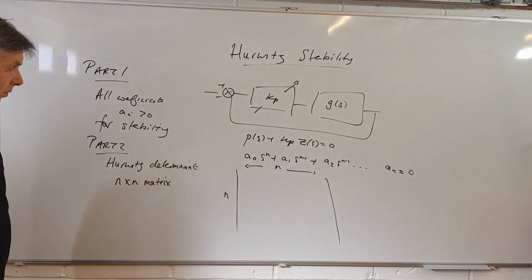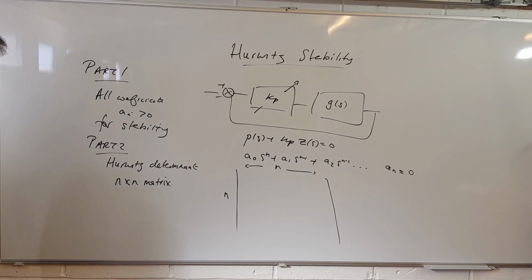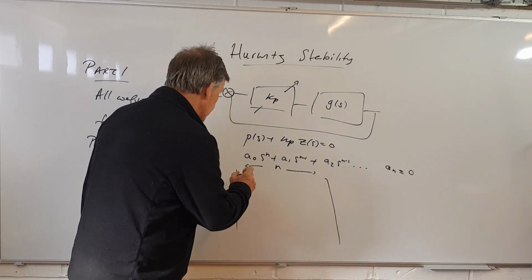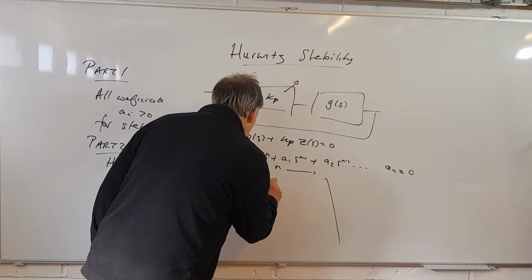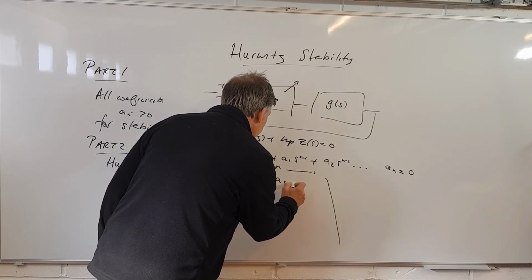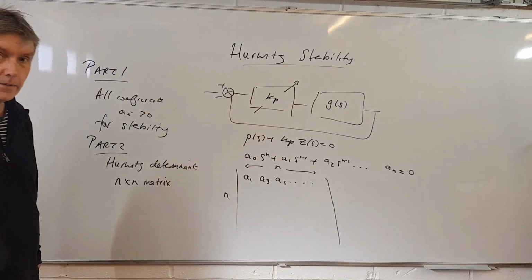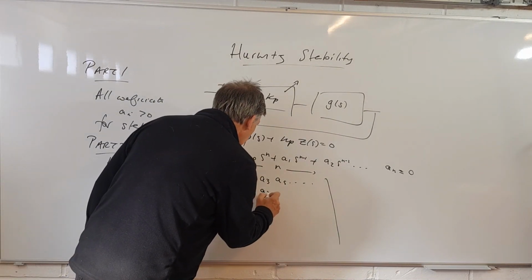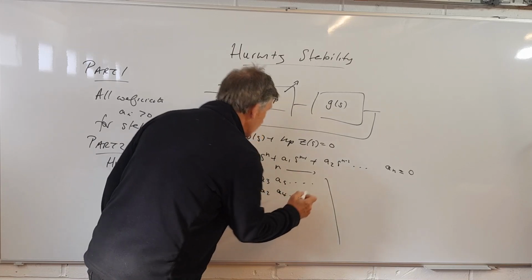And with the Hurwitz stability test, what we do is we put in the odd coefficients along the first line. So that's going to be a1, a3, a5, and then we put in the even coefficients. It's going to be a0, a2, a4.